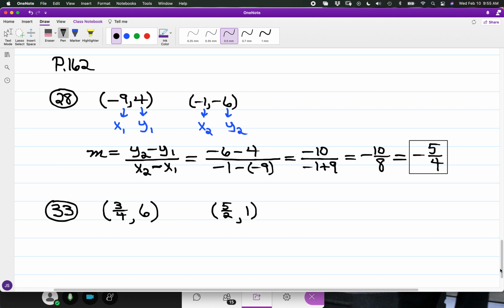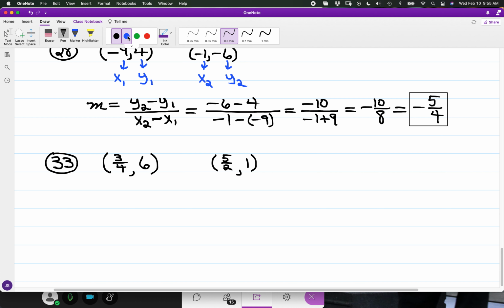Again, we go ahead and identify the x and the y values. Now, you could let 5/2 and 1 be the first set and 3/4, 6 be the second. It would still be the same slope. But I'm just going to label it in the order that the numbers appear.